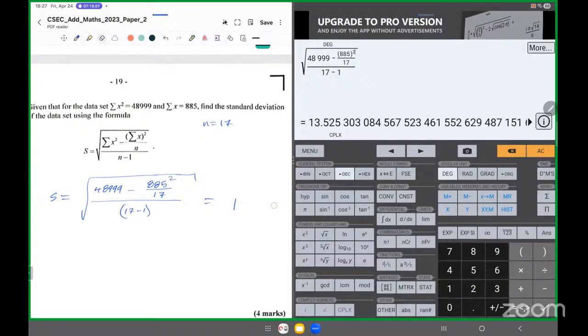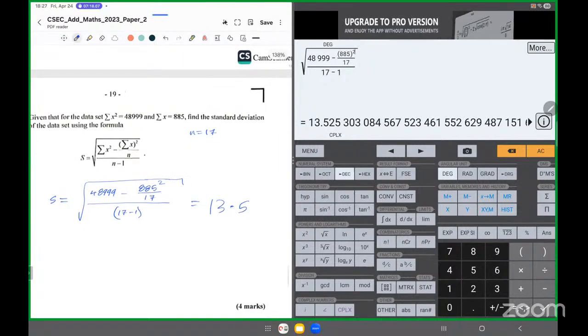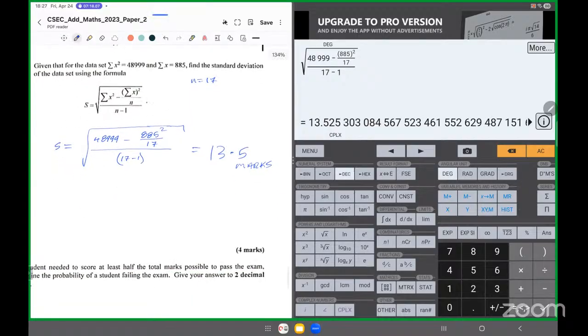So it's 13.5 marks, the standard deviation. Everything I calculate has the unit of measure, which is marks. I give 4 marks for putting the figures in that formula.